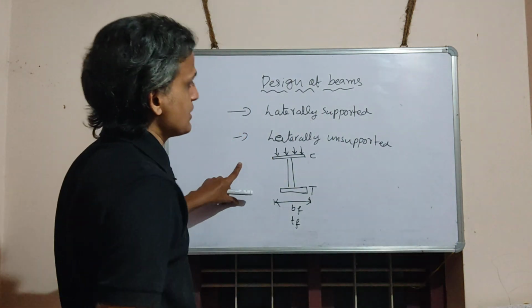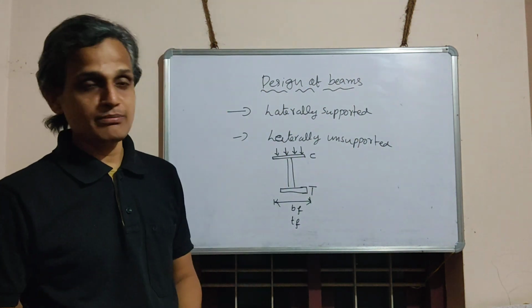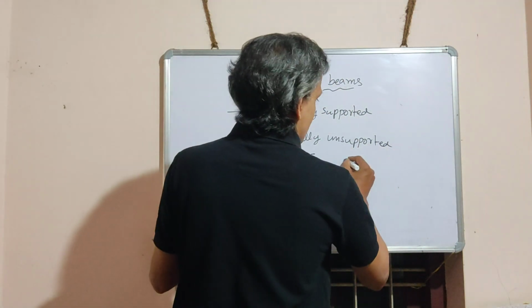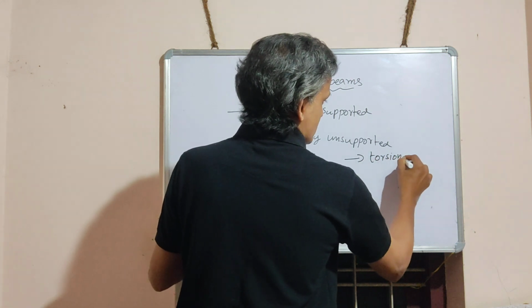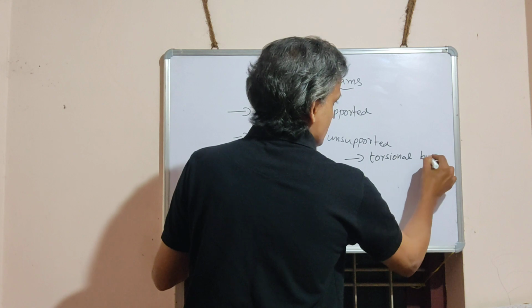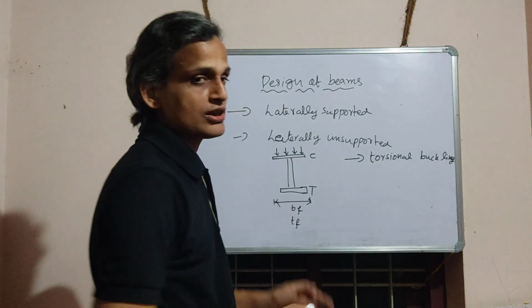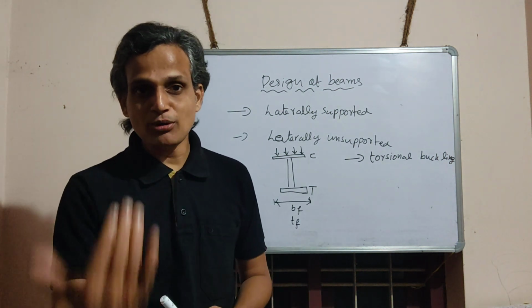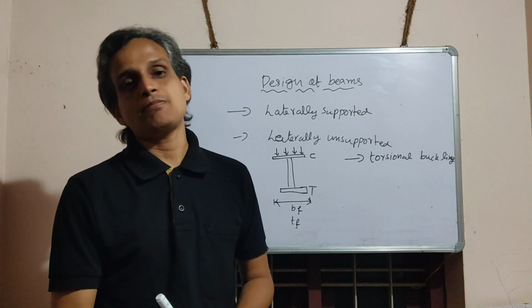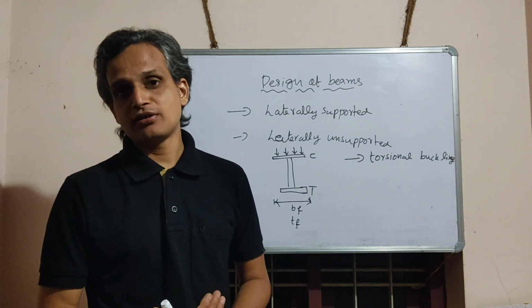The main difference between laterally supported beam and laterally unsupported beam is this one: lateral torsional buckling. Due to this, the moment capacity or load carrying capacity of the beam is reduced considerably.